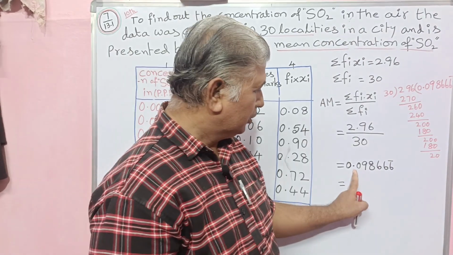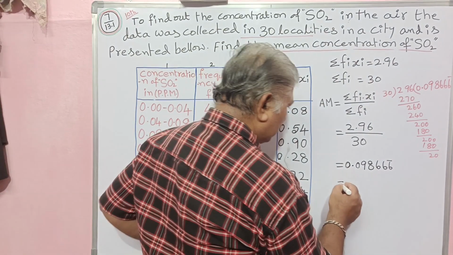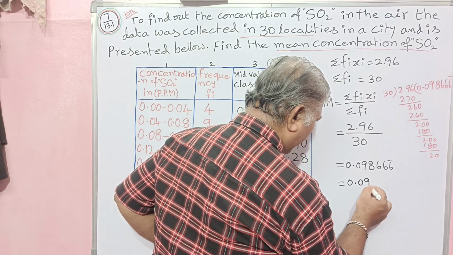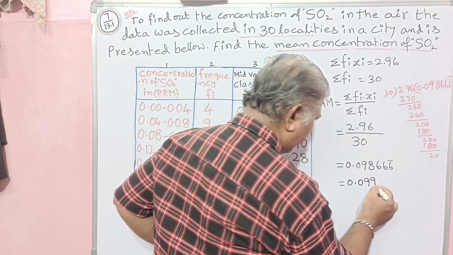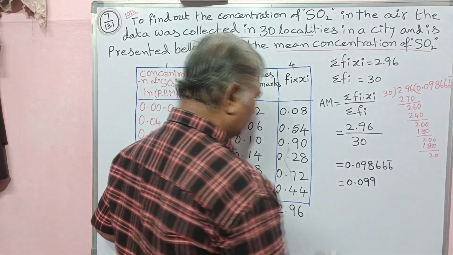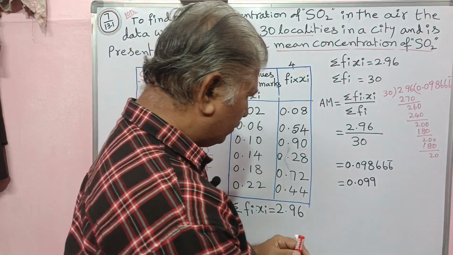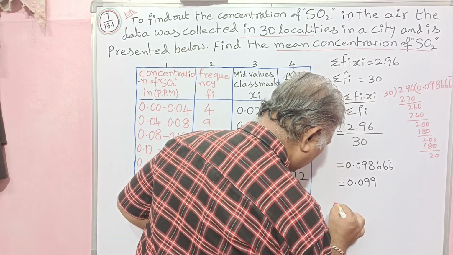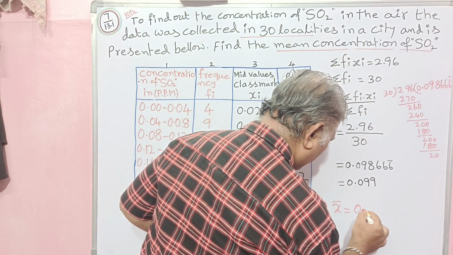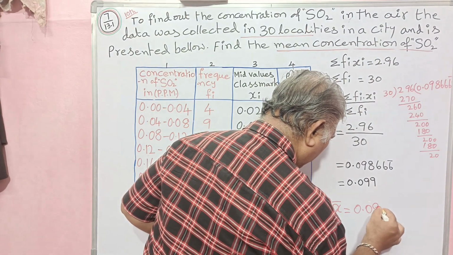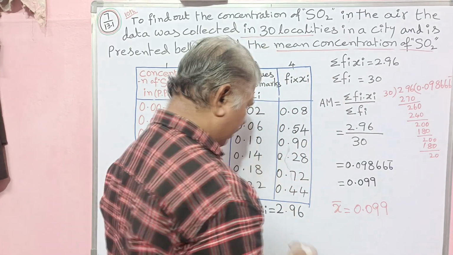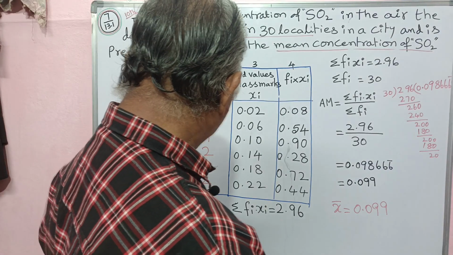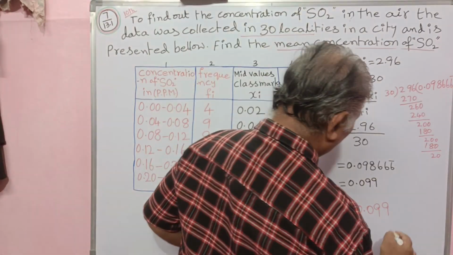Adjust the value to 3 decimals, so it will become 0.099. So x bar is equal to 0.099 ppm.